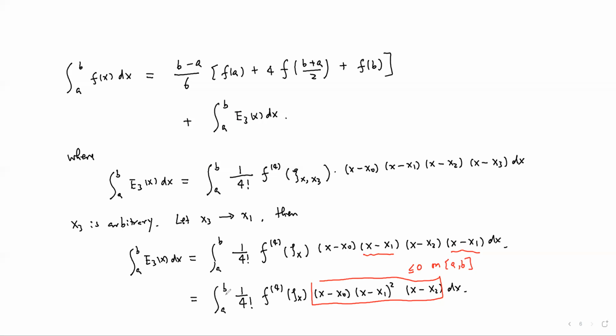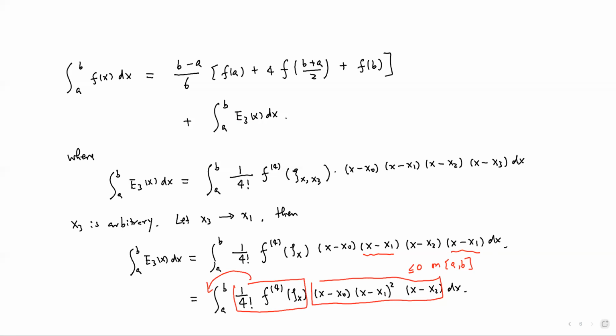Arbitrarily pick an x, then x minus x0 is positive, the middle factor is always positive, and x minus x2 is negative. So this function is non-positive everywhere over this interval. So by the mean value theorem for integrals, I can move this function outside the integral.